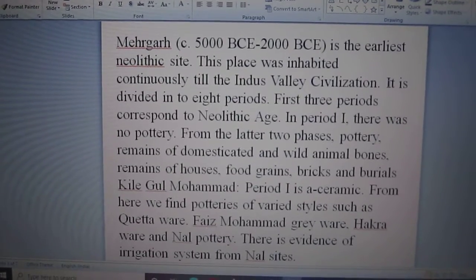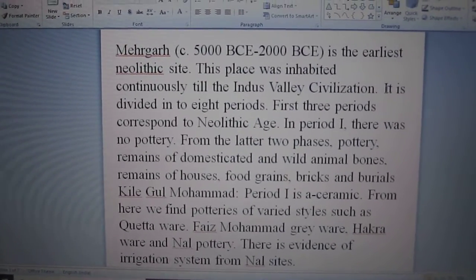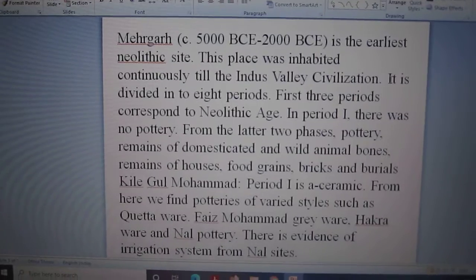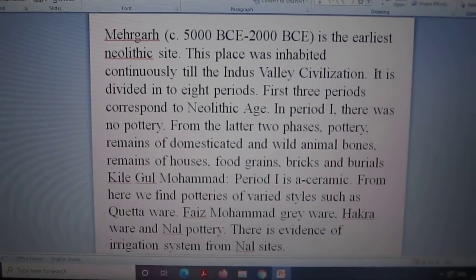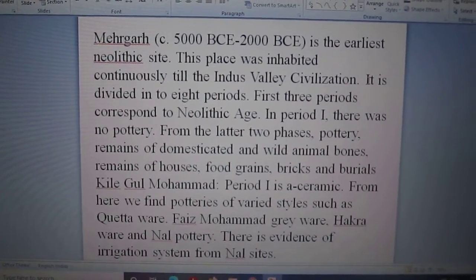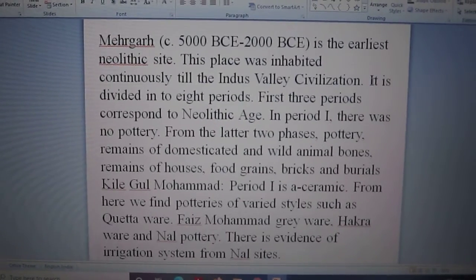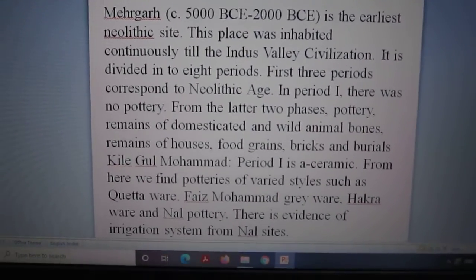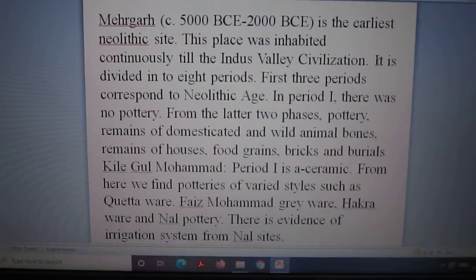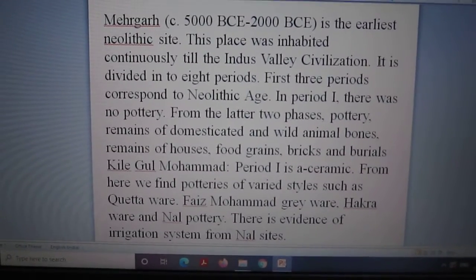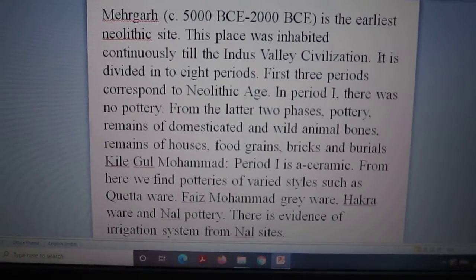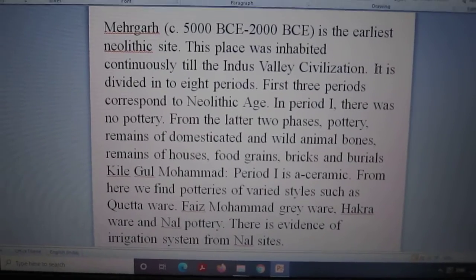So if we look at important sites such as Mehergarh, it exhibits some really important evidence of the Neolithic age. Mehergarh is a place where people continued to live till the Chalcolithic age, and they were even contemporary to the Indus Valley civilization. This particular site can be divided into 8 different phases.